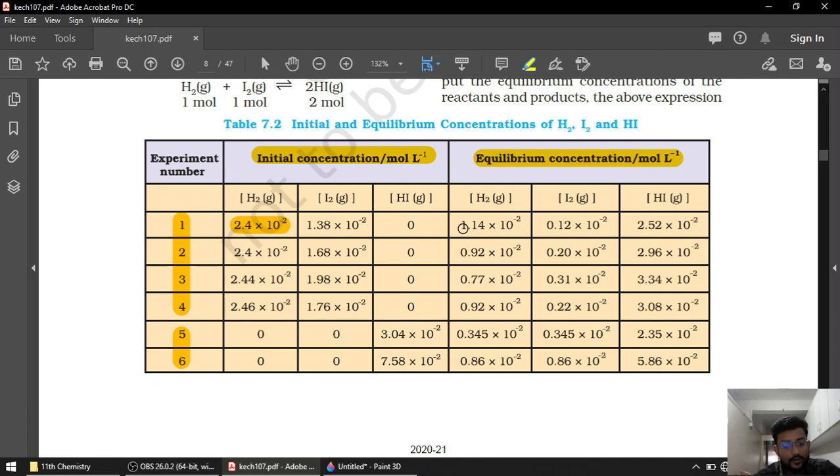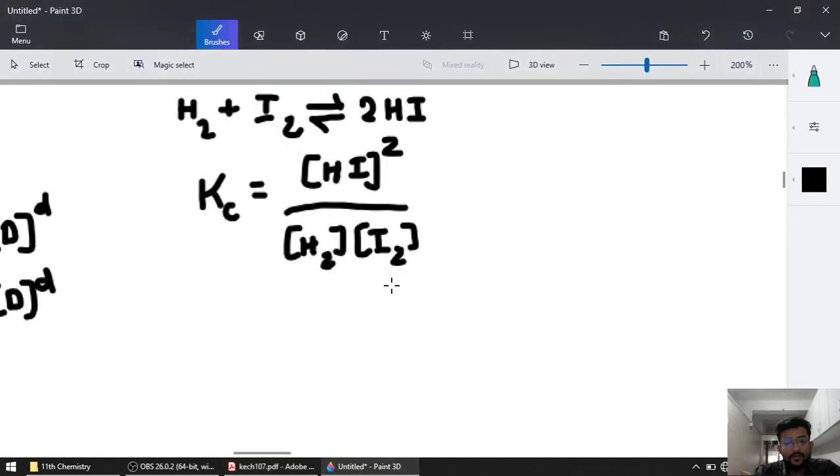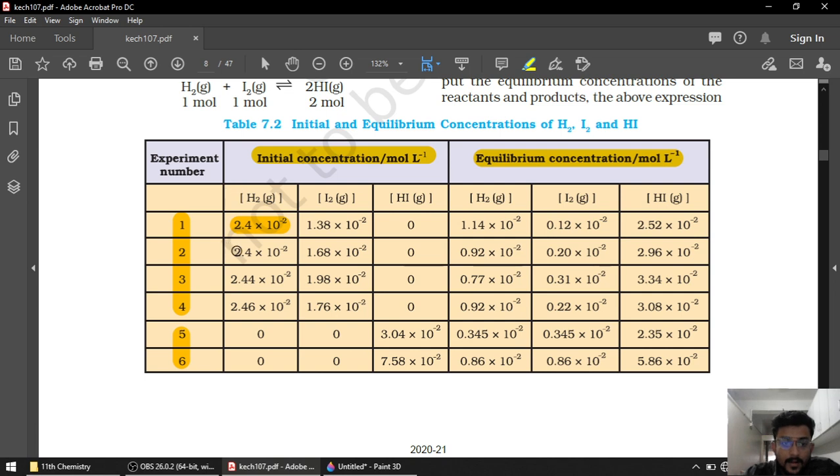So 0.024 minus 0.0114 gives the concentration of H2 used in the first experiment. How much concentration was decreased? The amount of H2 used in the reaction is equal to 0.0126 molar, that is 2.4 minus 1.14 into 10 raised to minus 2.